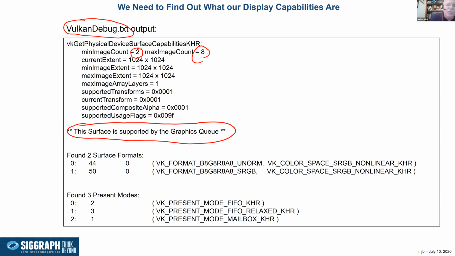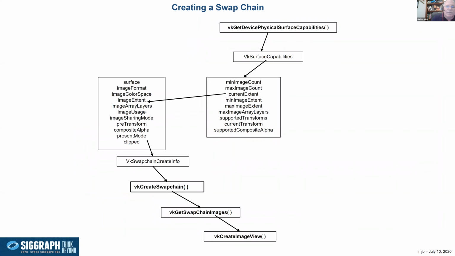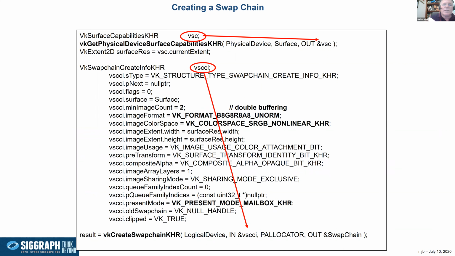It found 2 surface formats that are capable of being used, and it found 3 presentation modes that are capable of being used. And so from this, we can make our decision about how we want to set up the displays in the swap chain.